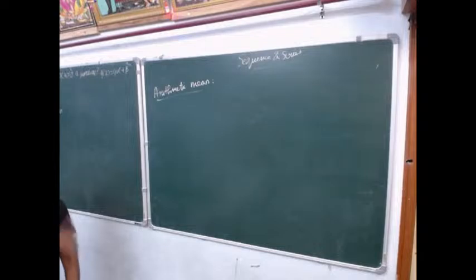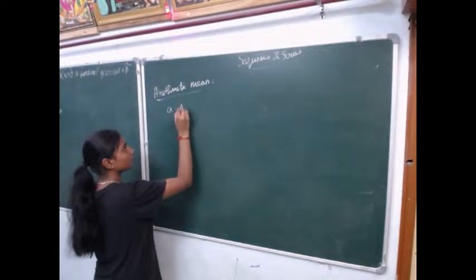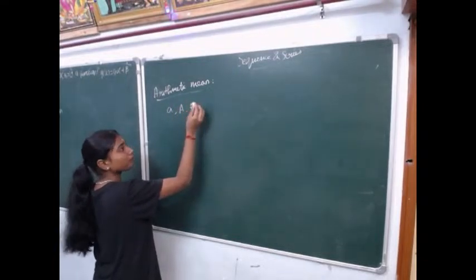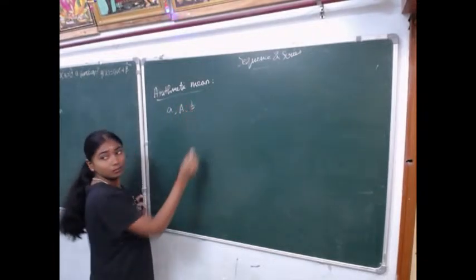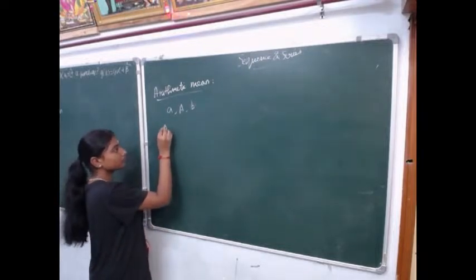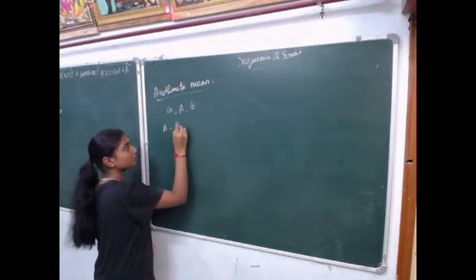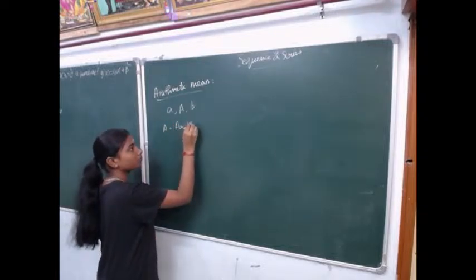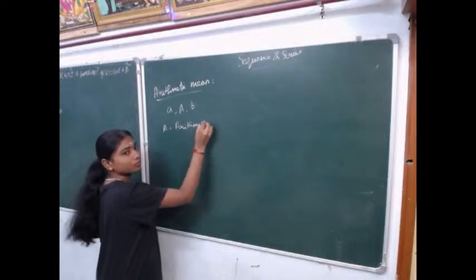Now let us consider two terms a and b. Now A is the arithmetic mean between a and b. Take down. What is A? Arithmetic mean, you can put AM also, between a and b. Right? a and b.